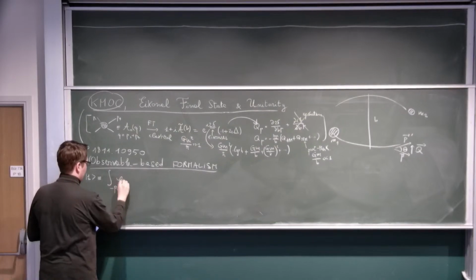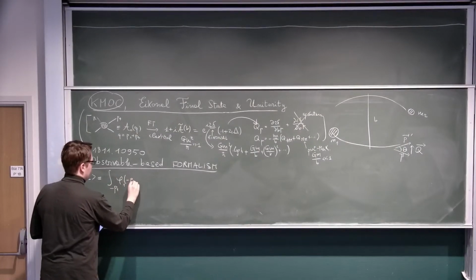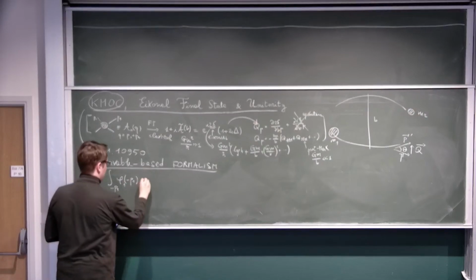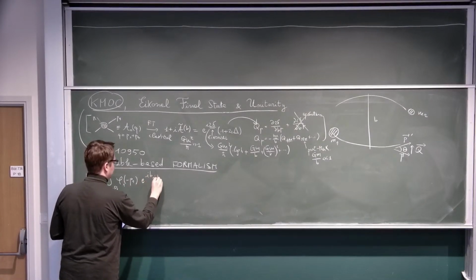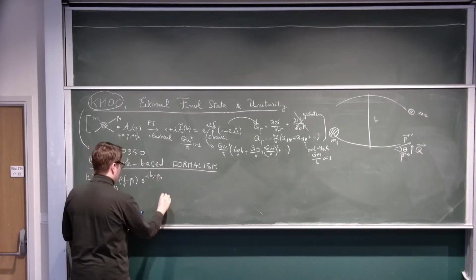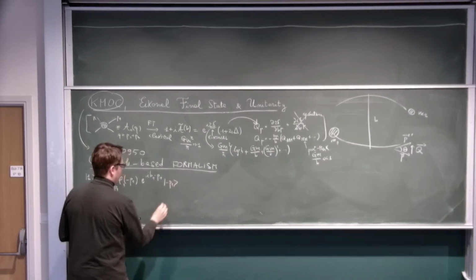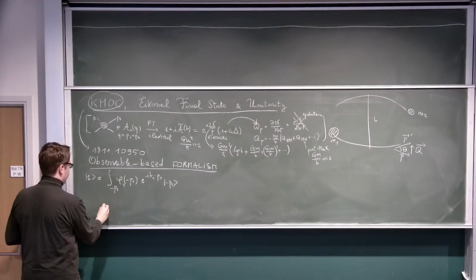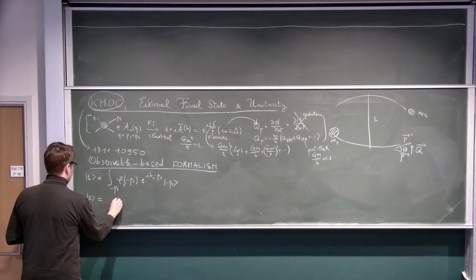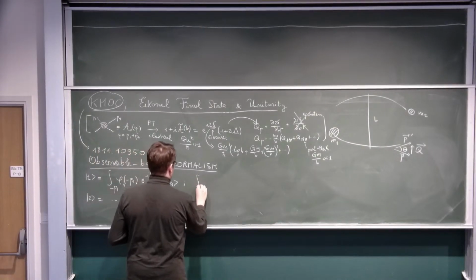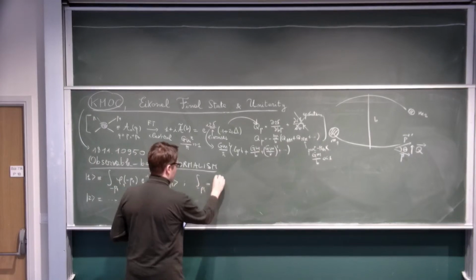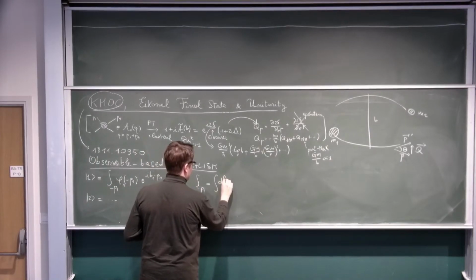Minus P1, introduce some wave packet describing particle 1, an exponential, and then the single particle momentum eigenstate, and similarly for particle 2, of course. Well, this notation is just a shorthand for the on-shell phase-space integration.